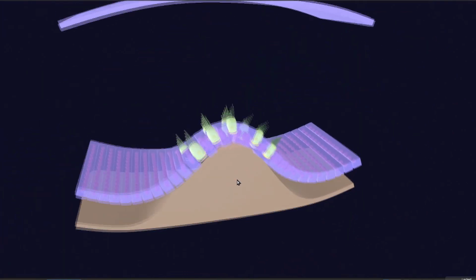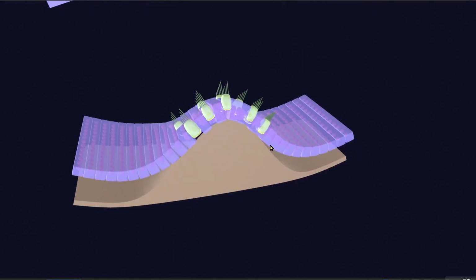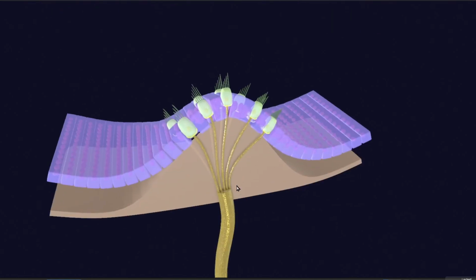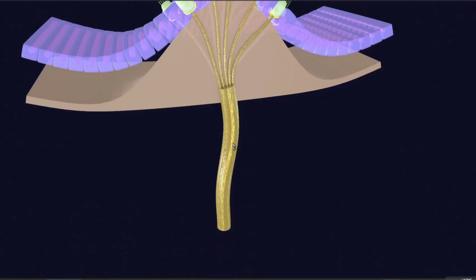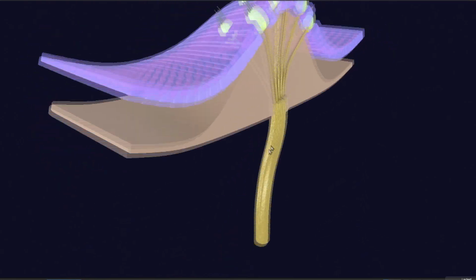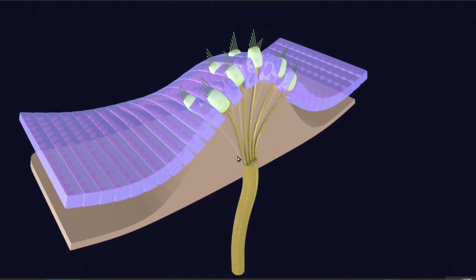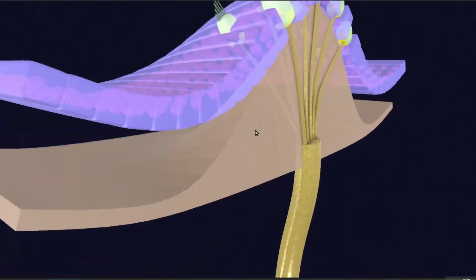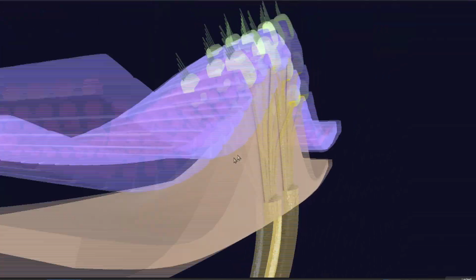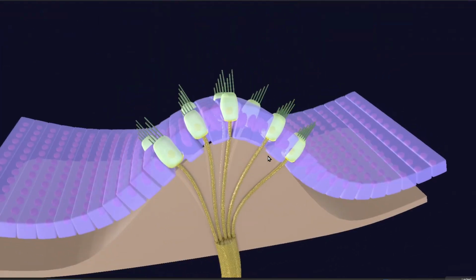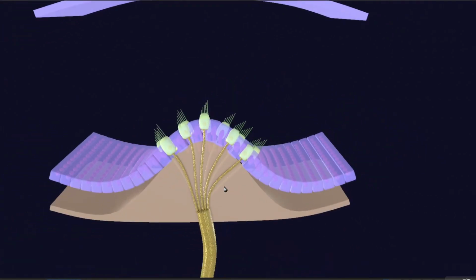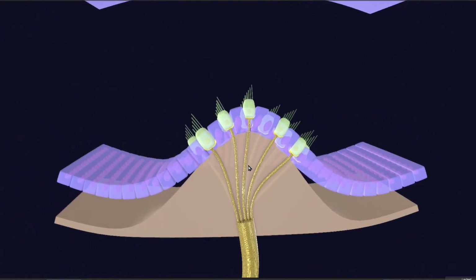And of course, these hair cells are connected with the dendritic process of a branch of the vestibulocochlear nerve. So here a branch of the vestibulocochlear nerve will also be connected to it, and we have discussed the formation of the vestibulocochlear nerve previously. You can watch that lecture to understand it.